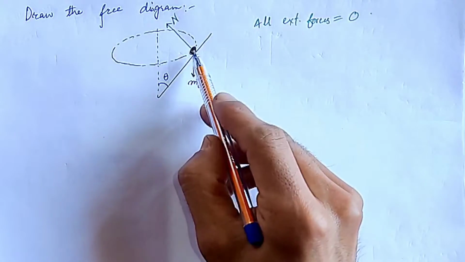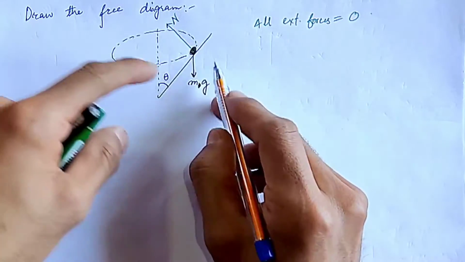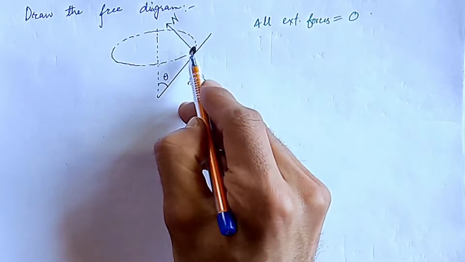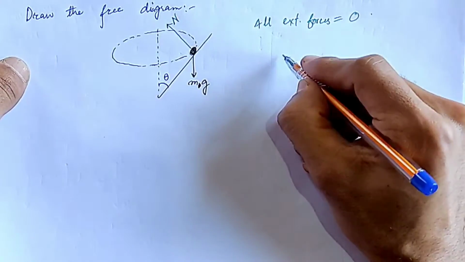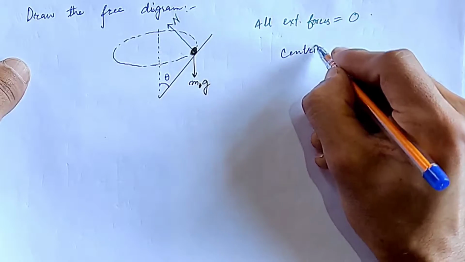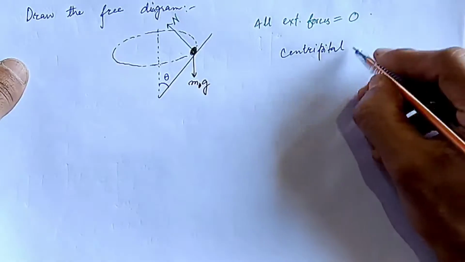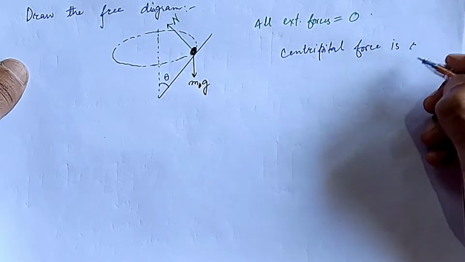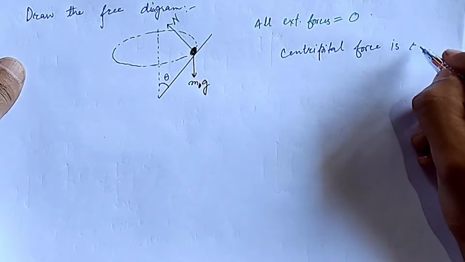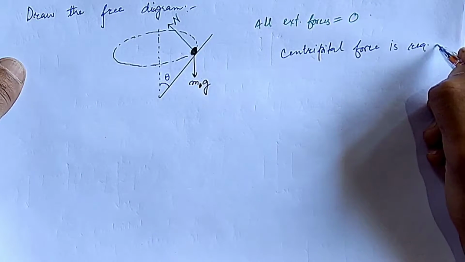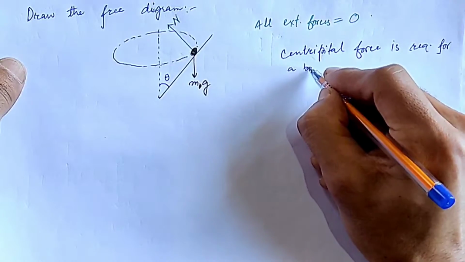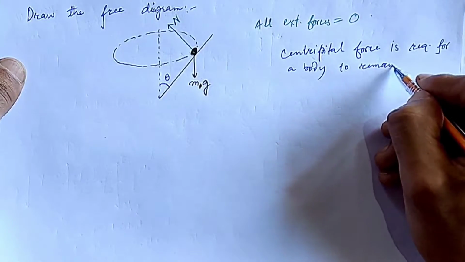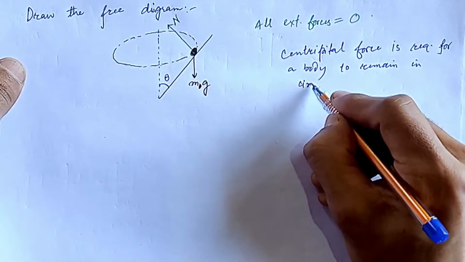So we have to divide it into component form, because we have to see which component contributes to the motion along the circular path. And to set a body in a circular path, we need a central force, that is the centripetal force. Centripetal force is required for a body to remain in a circular path.